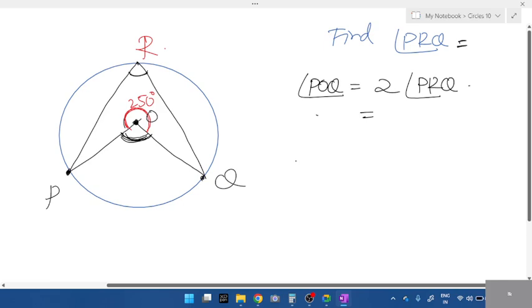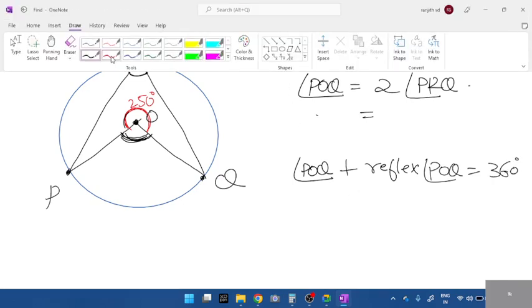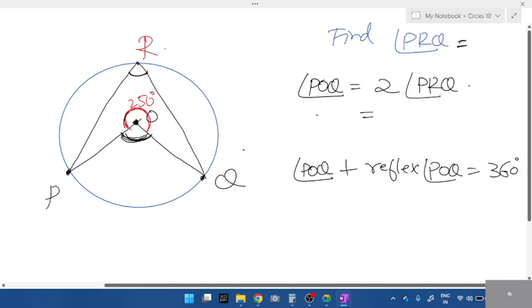For reflex angle, the formula is normal angle POQ plus reflex angle POQ should be equal to 360 degrees. This is the formula. Make a note. While teaching, I interchanged it. This is the formula you have to remember. Normal angle POQ plus reflex POQ should always be equal to 360.